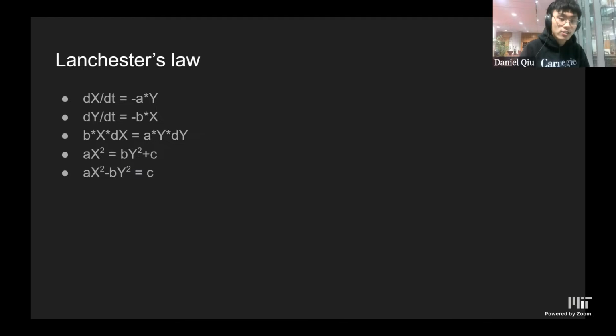How Lanchester's laws work is you basically assume every troop can attack every other troop at the same time, which is a pretty big assumption to make. In reality, Lanchester's laws don't entirely hold, but the idea is very similar. Let x be the size of one person's army, and y be the size of your opponent's army. The change in the size of your army is proportional to the size of the opponent's army times some constant a, depending on how strong their soldiers are.